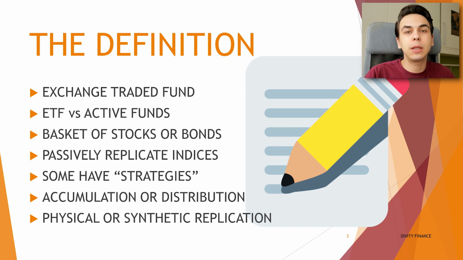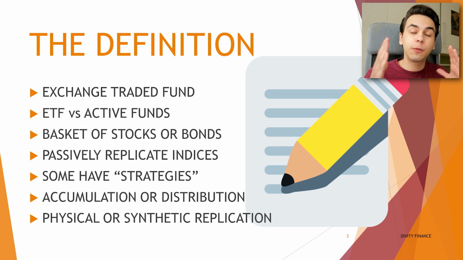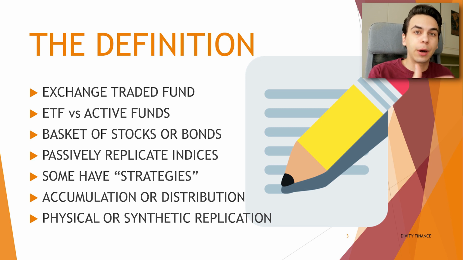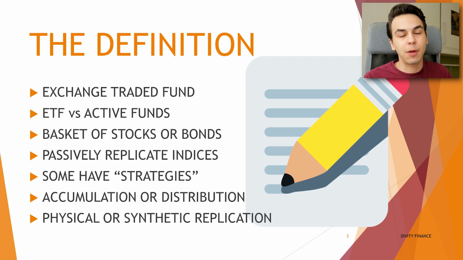So a benchmark could be the S&P 500, for example. An actively managed fund tries to beat the S&P 500. How? Using more or less the same companies that are in the S&P 500 or the type of companies. So big capitalization stocks, for example. So if an actively managed fund focuses on the US market, big cap stocks, then probably their benchmark is going to be the S&P 500.